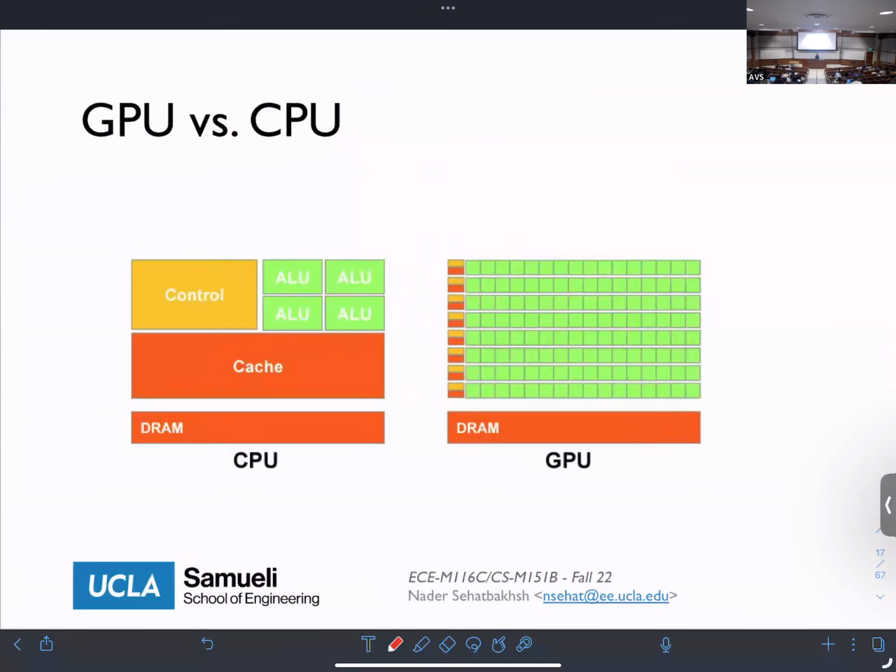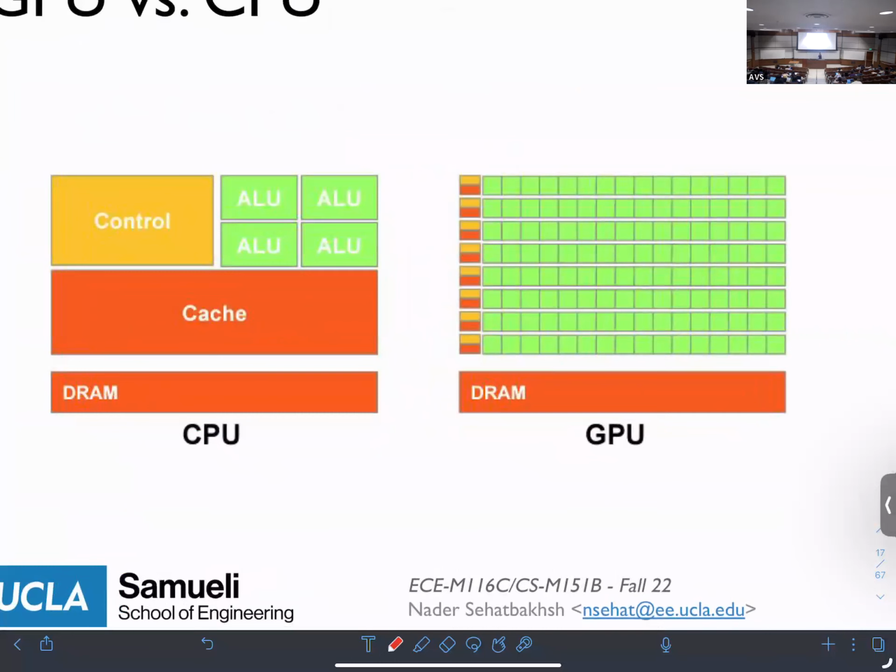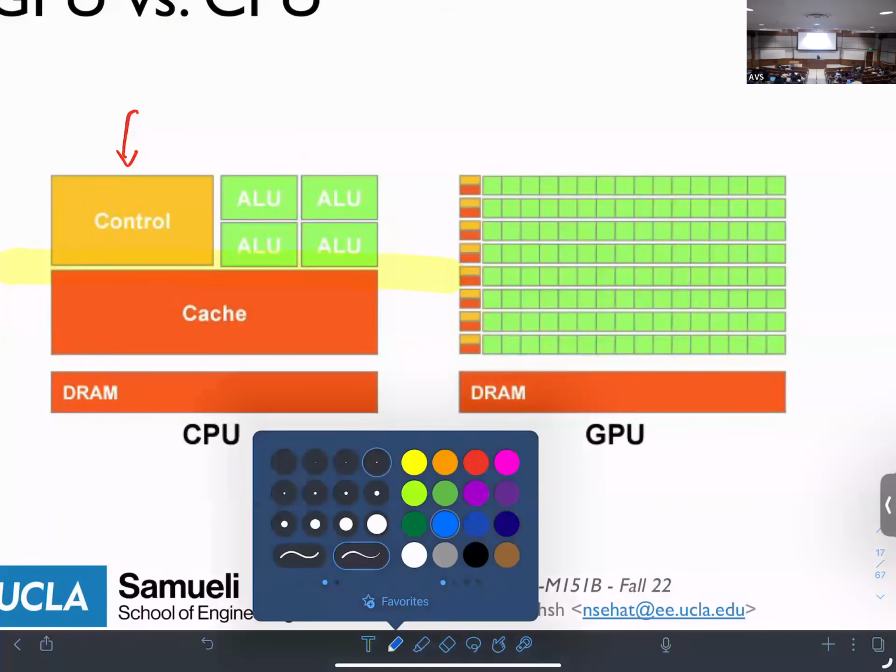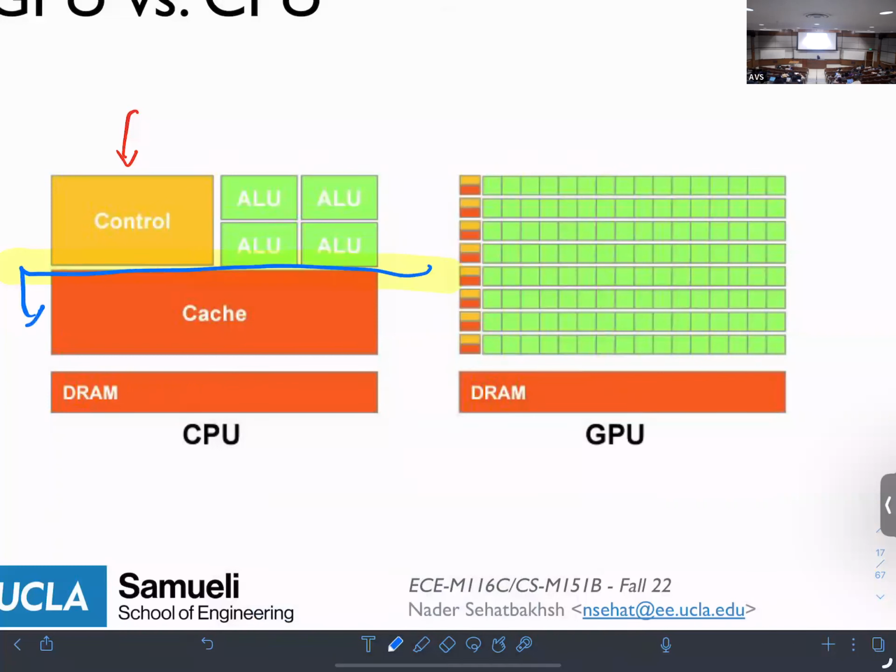So to give you some perspective of how CPU and GPU compare, if you remember, the simplified version of a CPU was some controller, a bunch of functional units, FUs, and then there was the memory hierarchy, which was the cache system and the DRAM system, right?